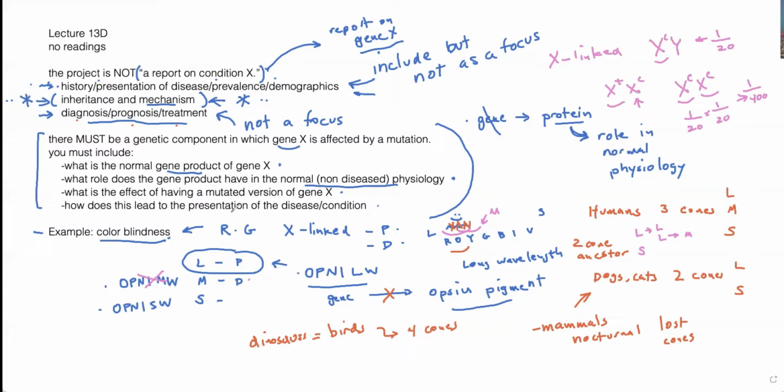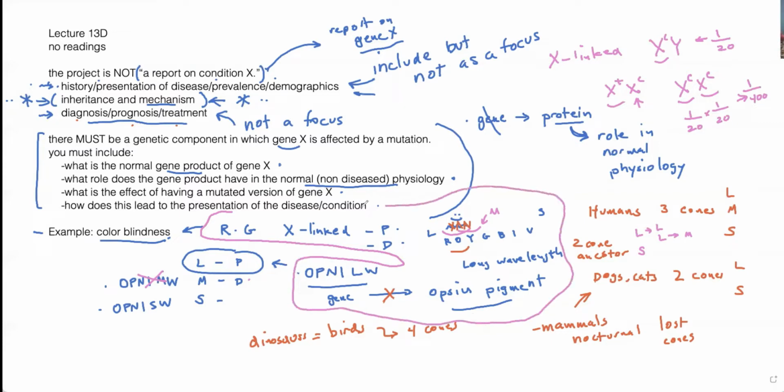I want to spend most of the time talking about the way in which this gene is giving rise to the condition that I'm focusing on, and then including everything else, like the way that it's inherited, the way that we actually ended up with these genes might be a good thing to add. How we ended up with the normal genes is part of the story in the case of color blindness.